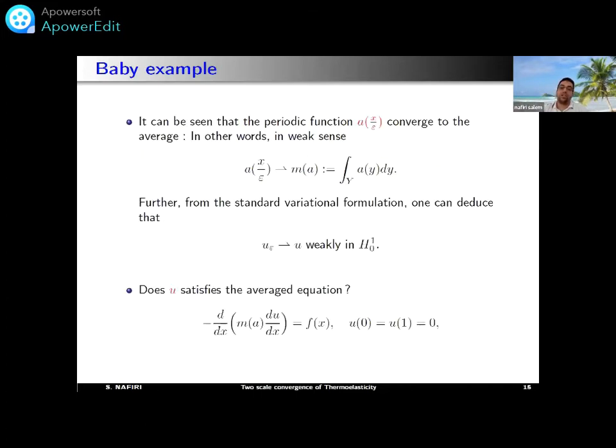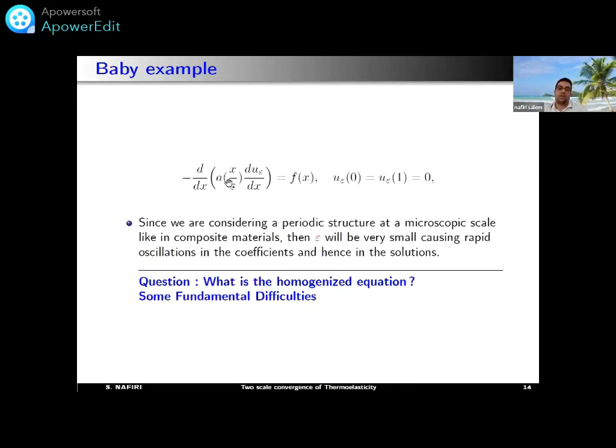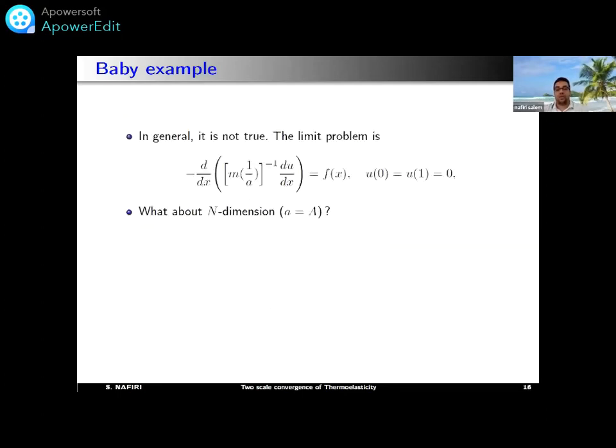For example, if you ask an engineer what the limit of this problem is, he can tell you that it will be an elliptic problem, but this time with a constant mean coefficient. Then I would obtain just a multiple of the Laplacian. But unfortunately, it is not the case.